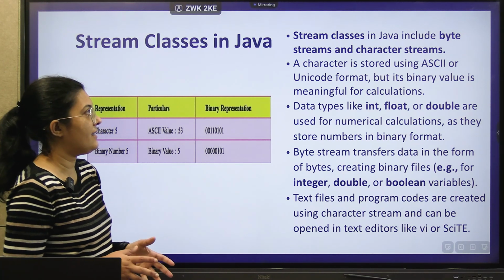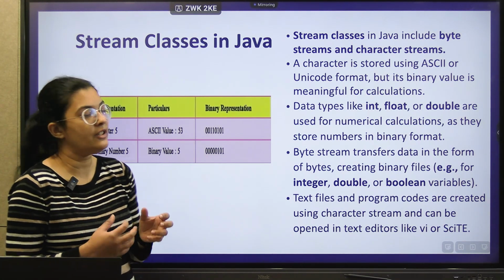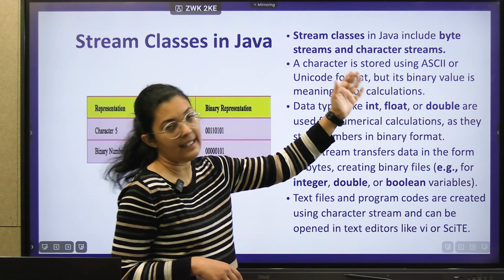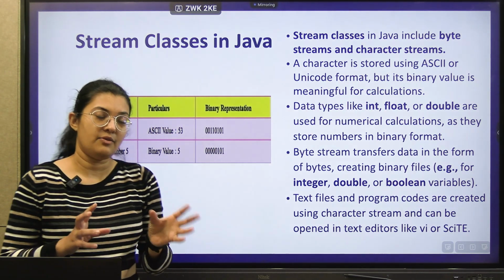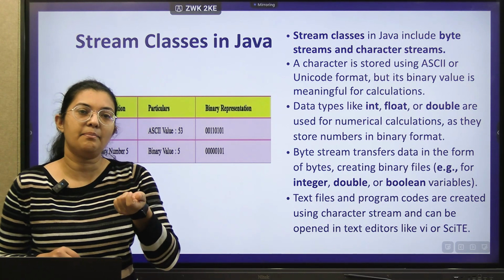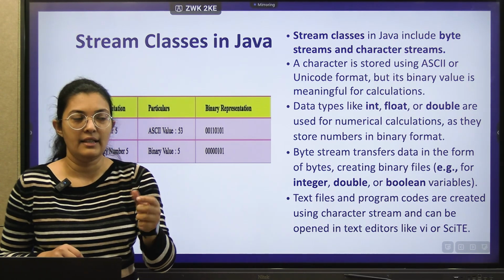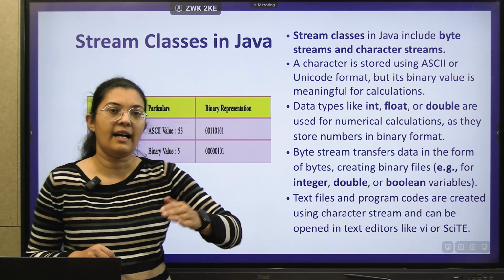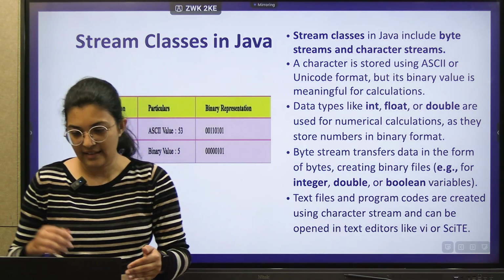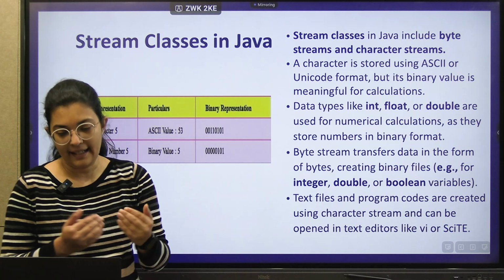Stream classes offer two kinds of streams: the byte stream and the character stream. What is the difference between these two? Character stream reads and writes simple character data, that is, data encoded in ASCII or Unicode format. In contrast, the byte stream handles binary data.